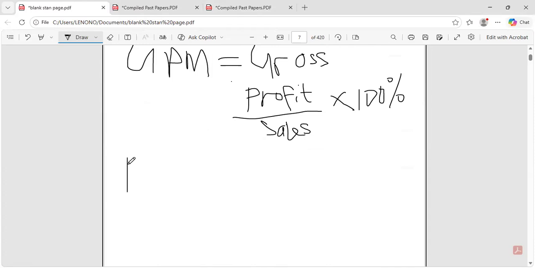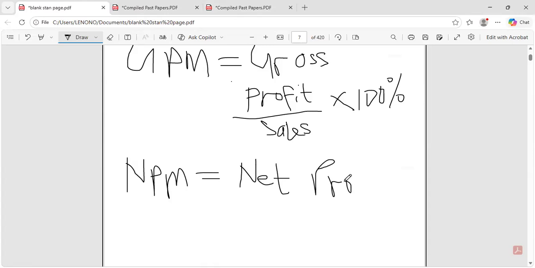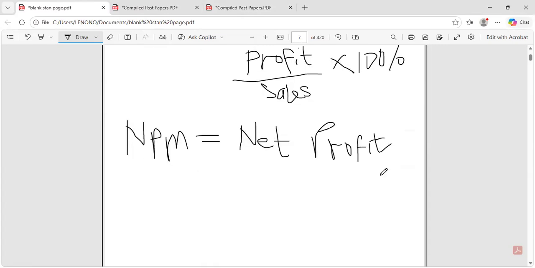So what about this one? Net profit margin. This is called net profit margin.